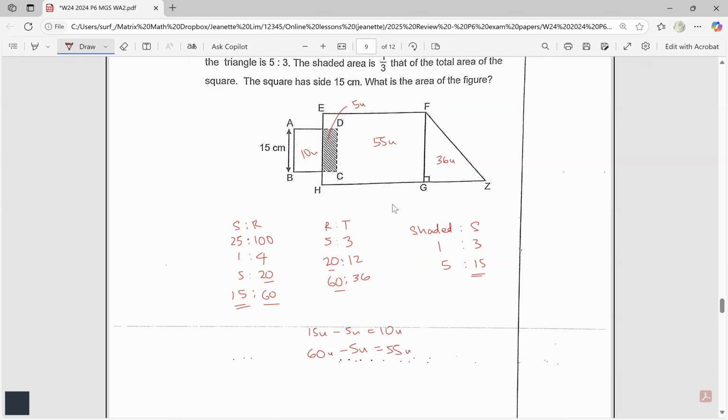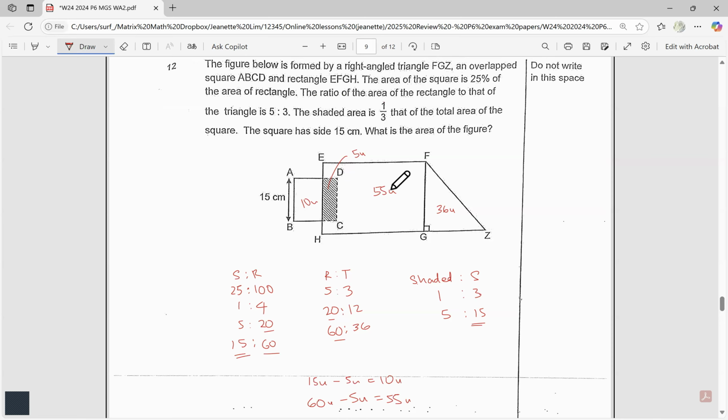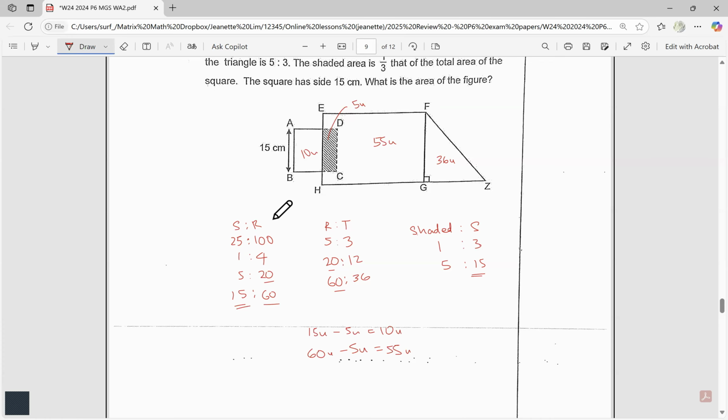All right, then area of figure, you just add up all the units first before we use the 15 cm. So 10 units, 5 units, 55 units, and 36 units.